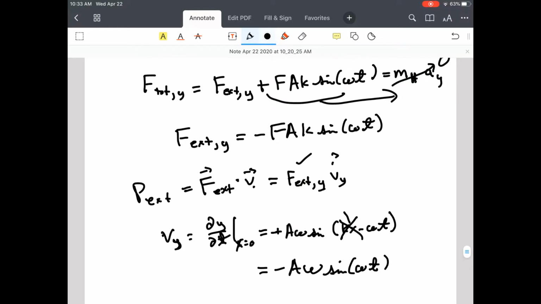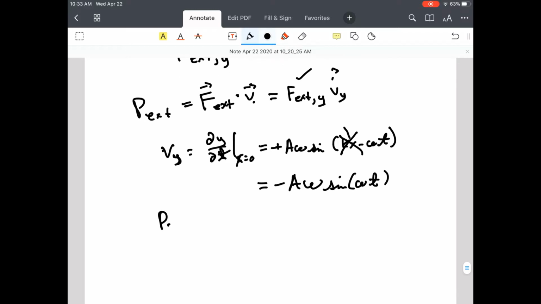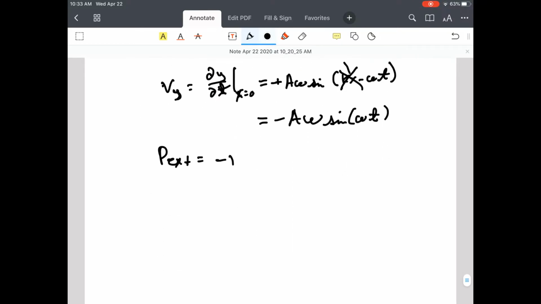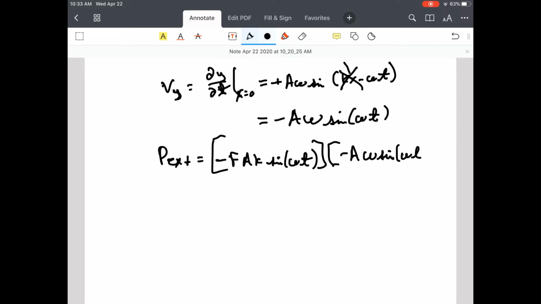When I plug them in together, I get that the external power is equal to negative Fak sine omega t times negative a omega sine omega t. Negatives cancel each other out. I can combine some terms. I have F a squared omega k sine squared omega t.